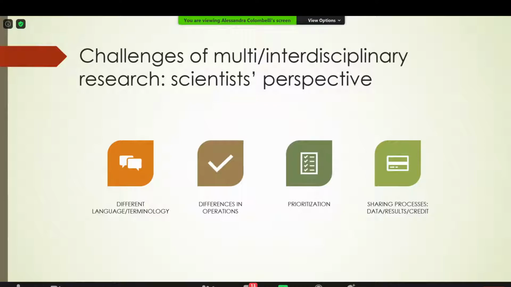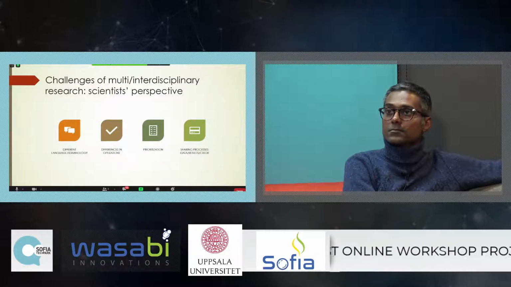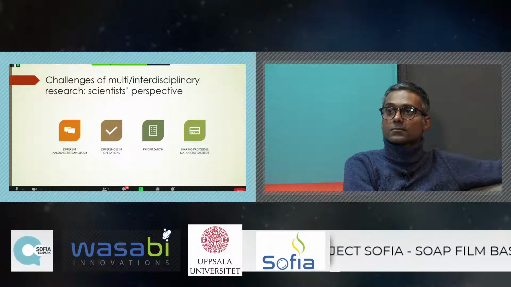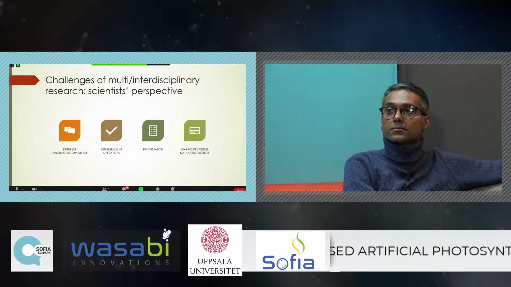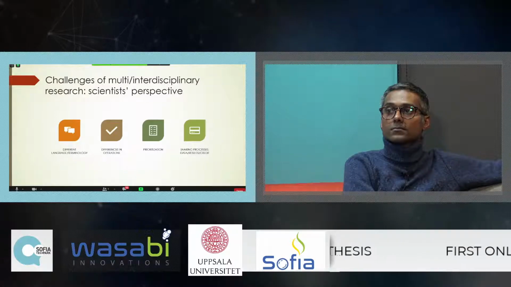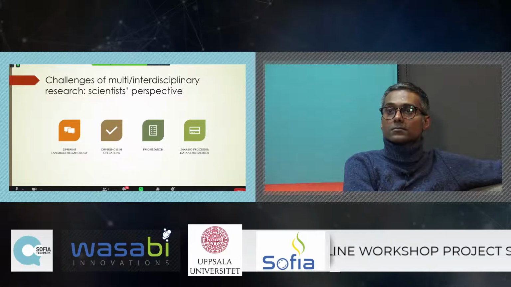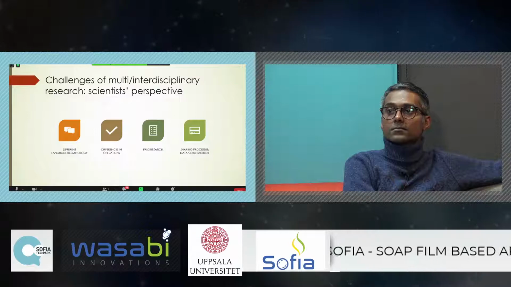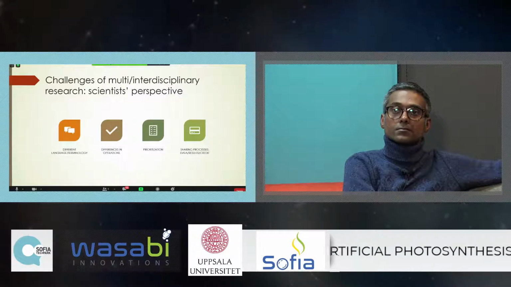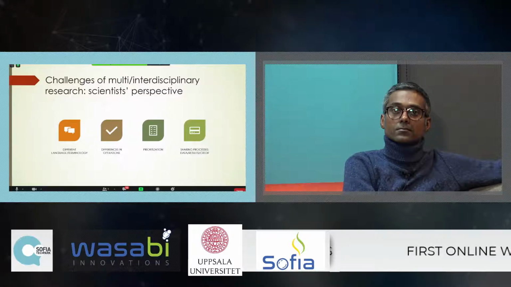Another challenge relates to the sharing process, and in particular the sharing of data, results, and credits. Different teams pertaining to different domains can face challenges in acknowledging the results and sharing the intellectual property generated during the project.